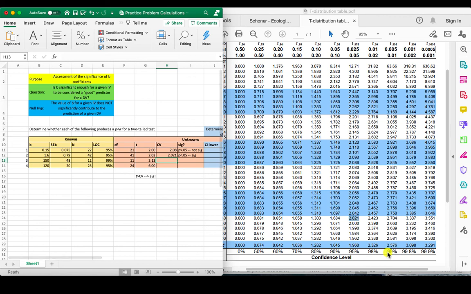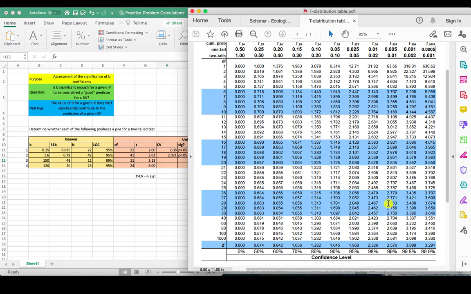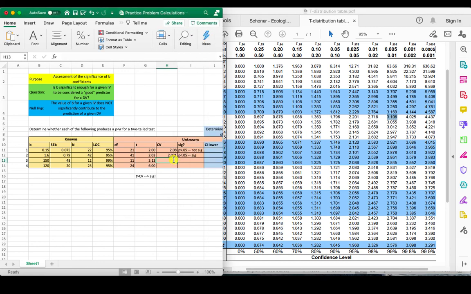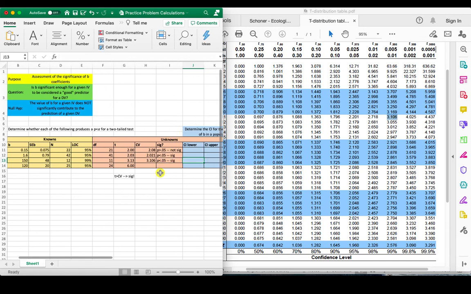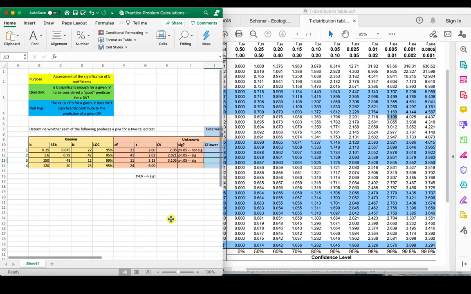So if we go to 99% on our level of confidence area, and we go up to 11, we'll notice we need 3.106 to prove significance. When we evaluate our t statistic to our critical value, t is greater than our critical value, so we would say p is less than 0.05, therefore we have significance.